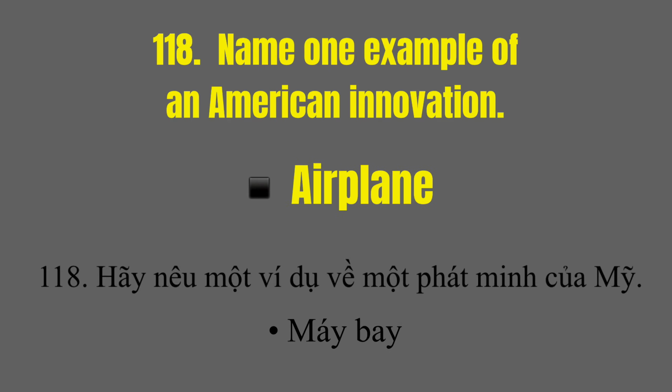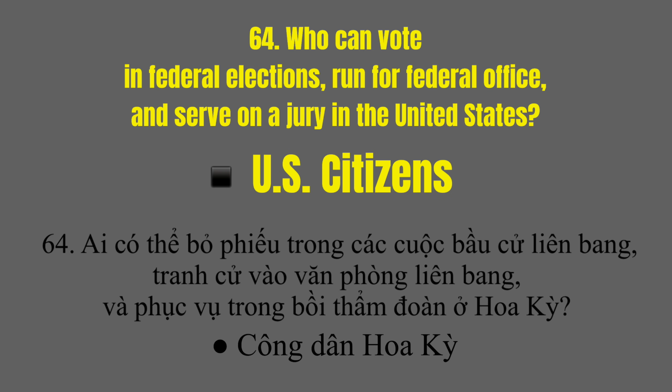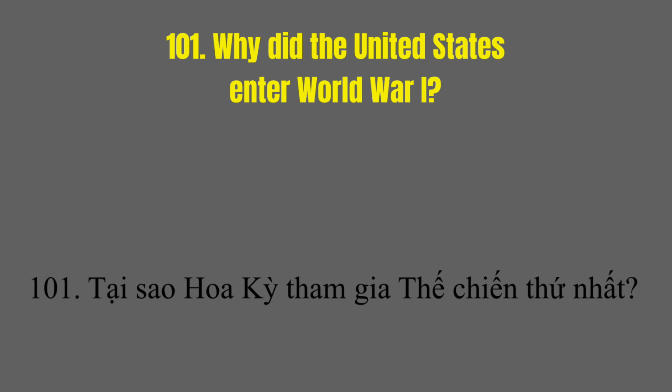Who can vote in federal elections, run for federal office, and serve on a jury in the United States? U.S. citizens. Why did the United States enter World War I?